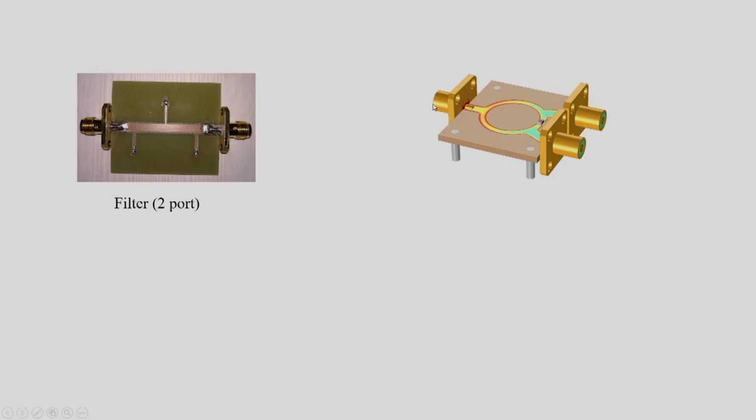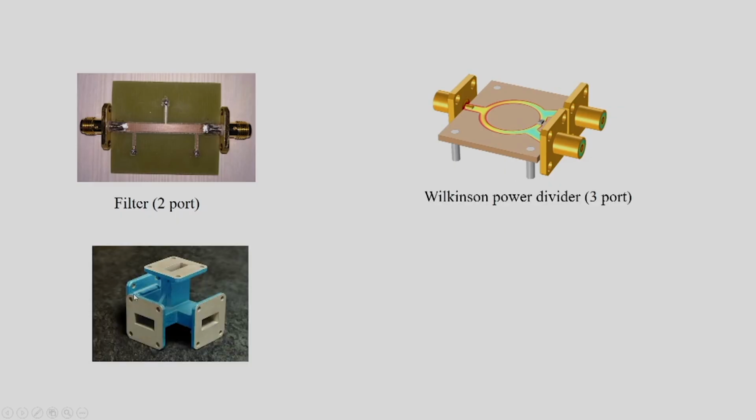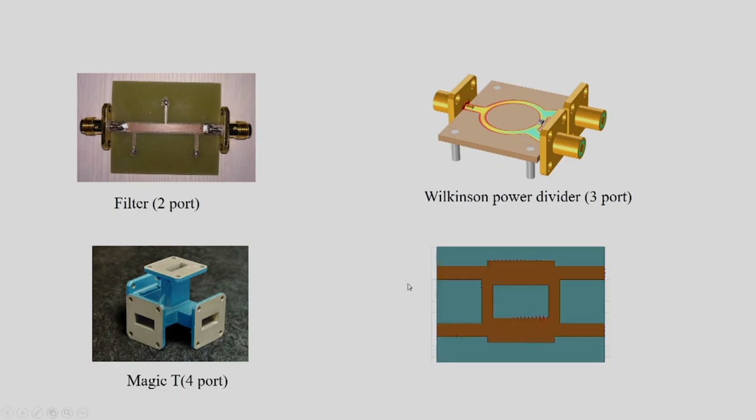Here the input signal incident on this port is split between these two ports, so that it divides the power, and it is a 3-port device. Similarly, we consider a waveguide version of a magic T, which is a 4-port device, and if we consider the microstrip or planar version, this is called a hybrid coupler. So, you can see it also has 4 ports.